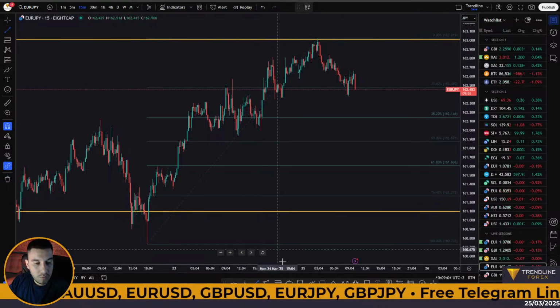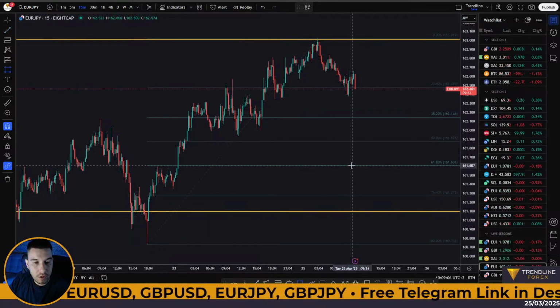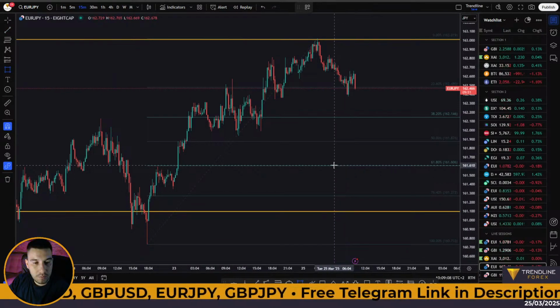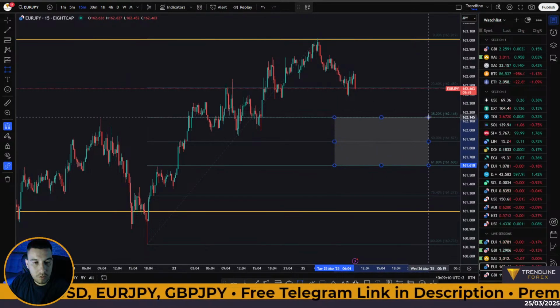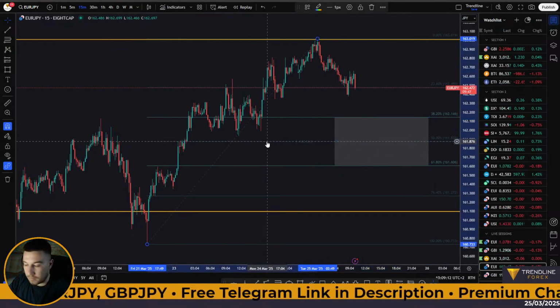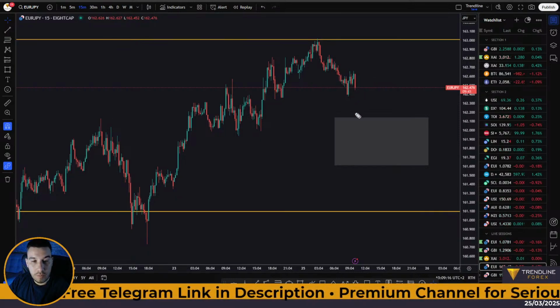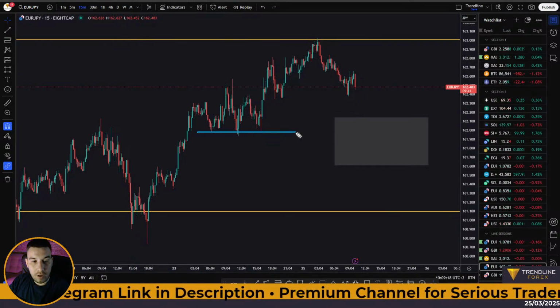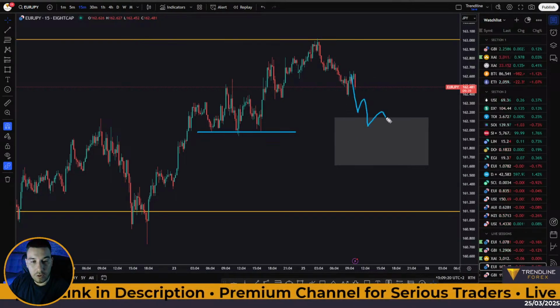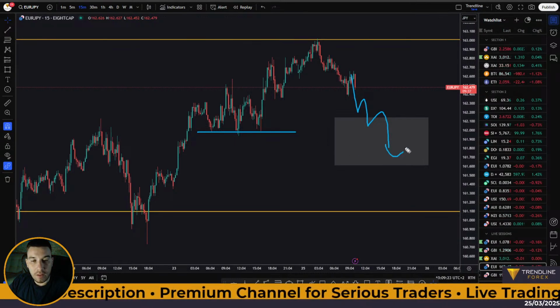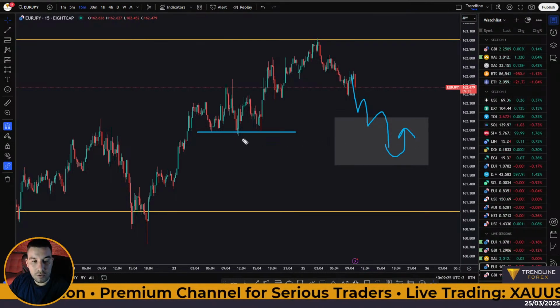So let me just map out this area right here. Now, ideally, if we are about to push into this area, I would like to see price taking out this structure right here and then giving me that reversal, right?